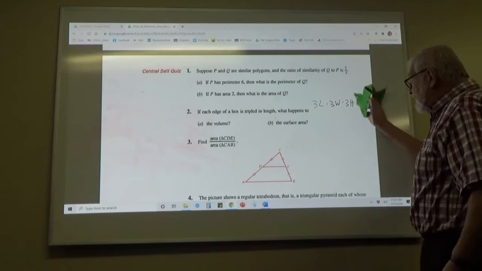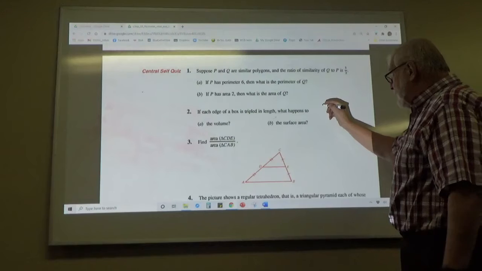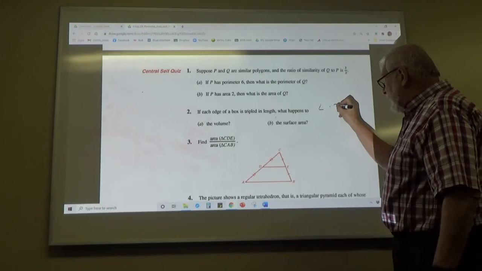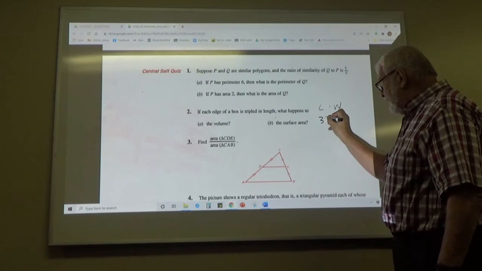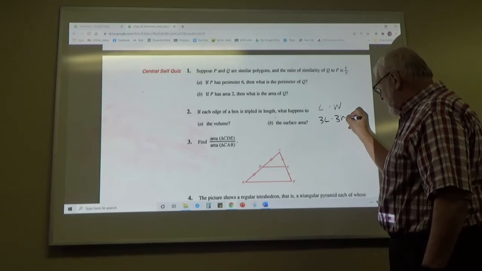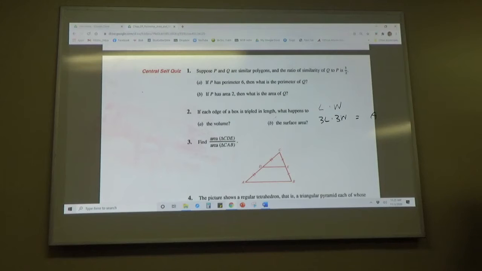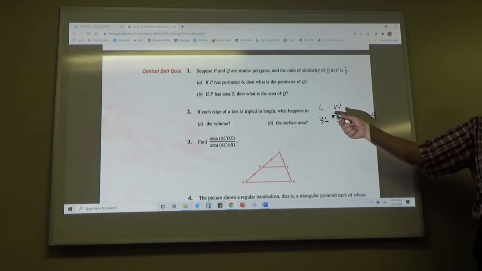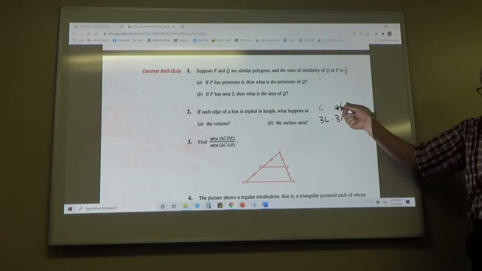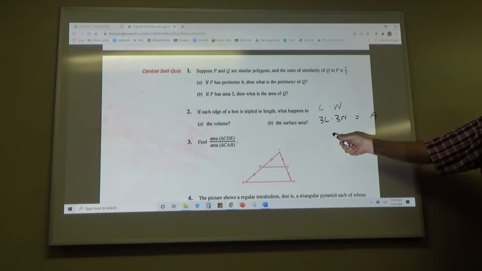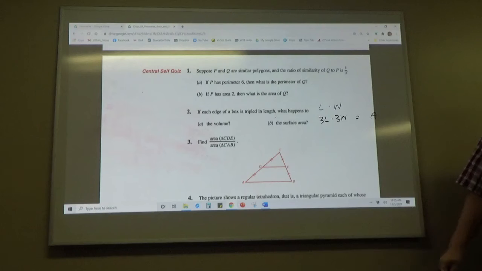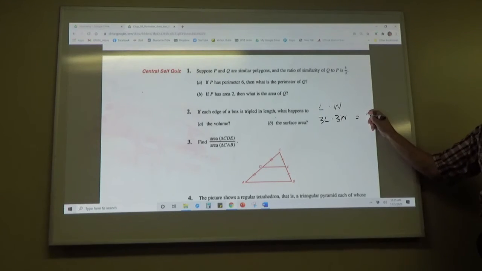Okay? The surface area is going to be length times width. And so if you triple it, you're going to have what for the surface area? It's no longer L times W, it's 3 times that, so that it's area times what? 9. 9.